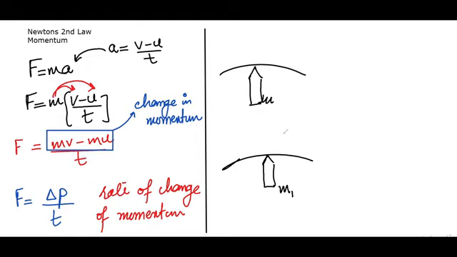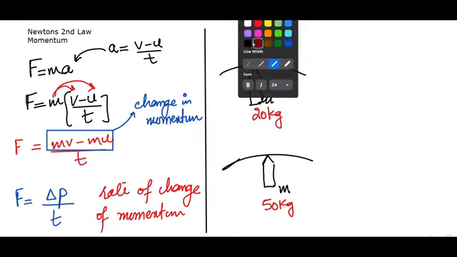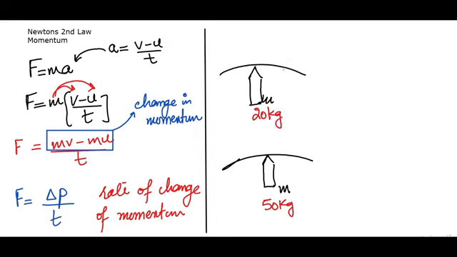Let's try an example right now for the case of a rocket. Let's say that the mass of the rocket over here was 50 kg when it was at a lower height in terms of the earth. At this point, since the fuel is being used up, let's say the mass of the rocket and the fuel is 20 kg.